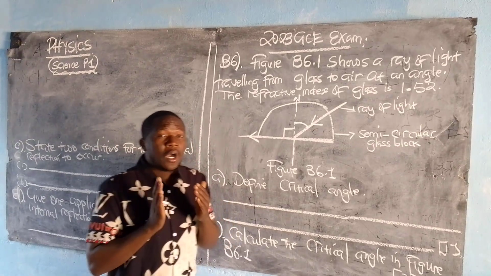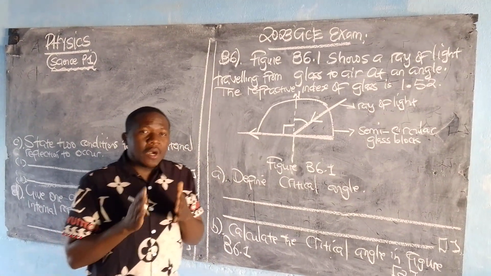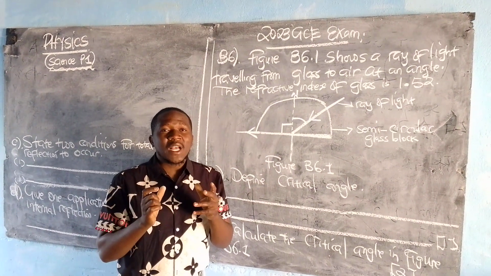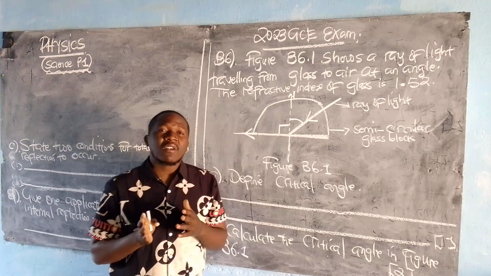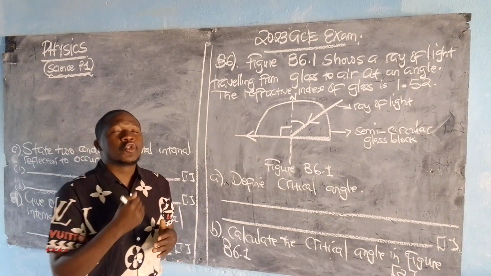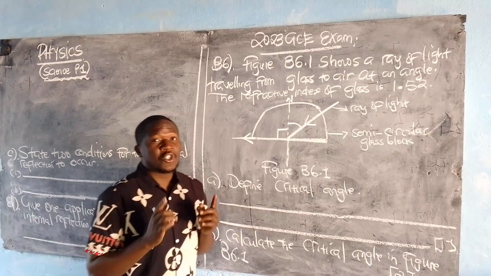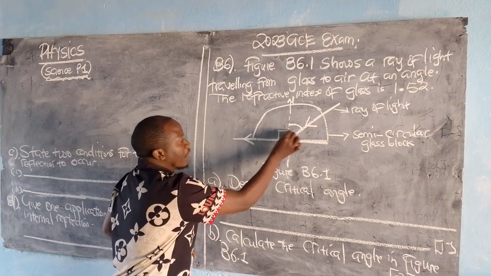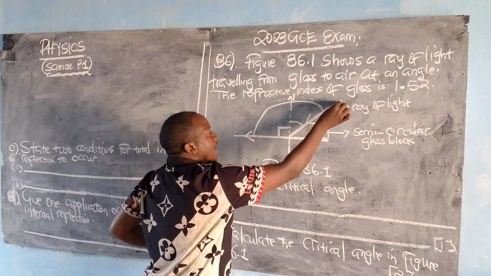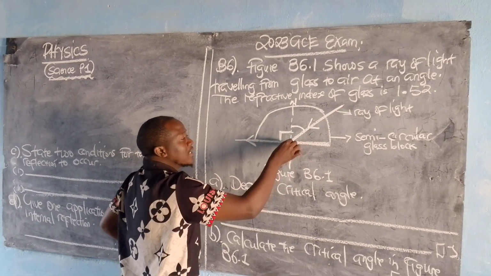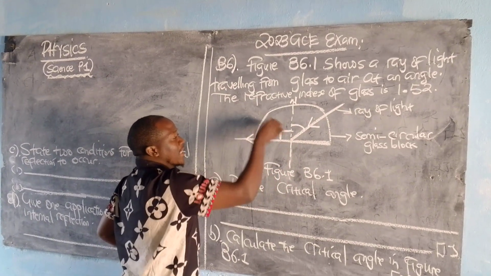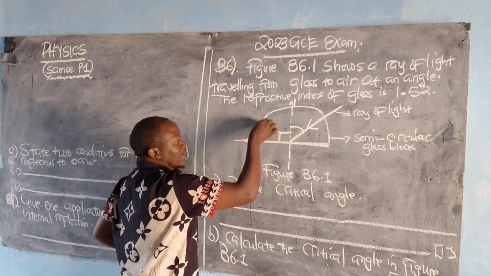total internal reflection. So total internal reflection occurs usually when a ray of light is traveling from a denser medium to a less dense medium, causing the angle of refraction to be 90. So the angle of refraction is this one. This is the ray of light. It's supposed to refract towards the normal.